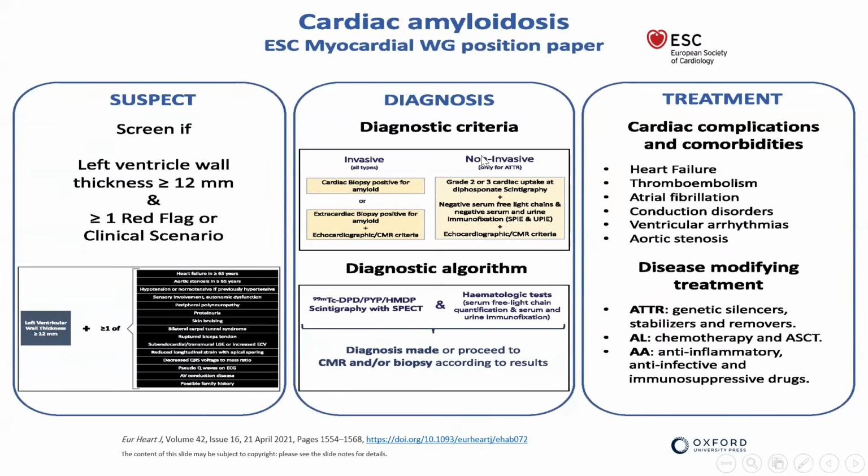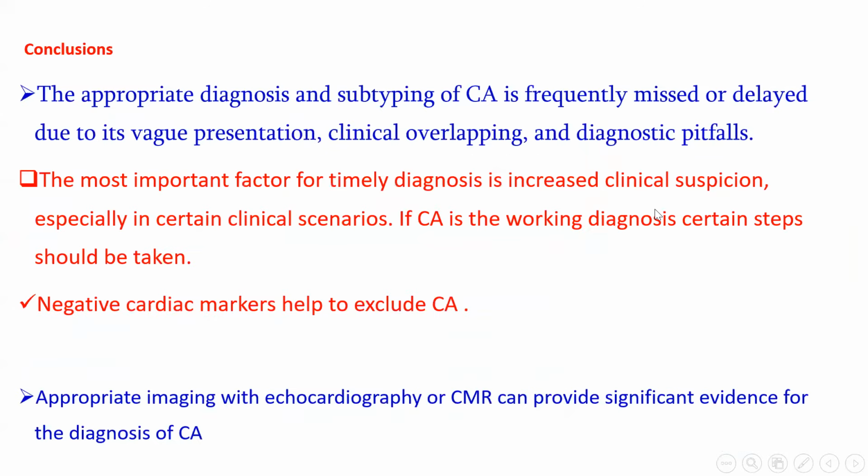Then the diagnostic criteria are either invasive, by cardiac biopsy, or noninvasive, by bone scintigraphy and by the assessment of serum free light chains and negative serum and urine immunofixation. The treatment of cardiac amyloidosis is either by a disease modifying agent like tafamidis or the treatment of complications like heart failure, thromboembolism, atrial fibrillation, conduction disease, ventricular arrhythmia, and aortic stenosis.